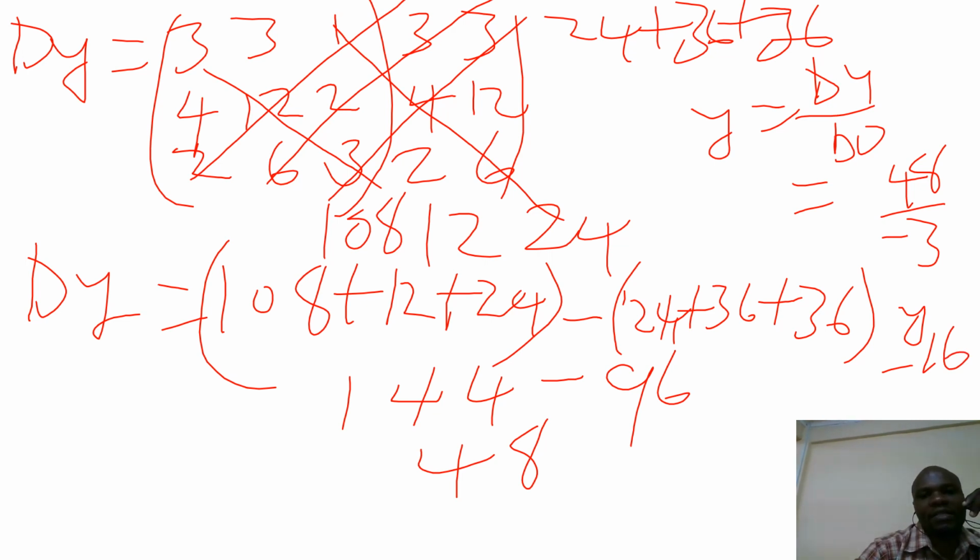So that is how I can get the value of y. Now the value of z. So we know that our dz will be equivalent to, what we are going to change is what is on the equal side, we substitute with the z coefficients.